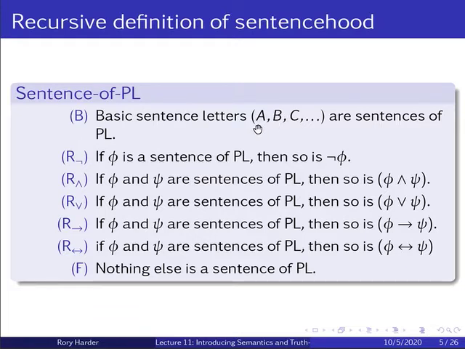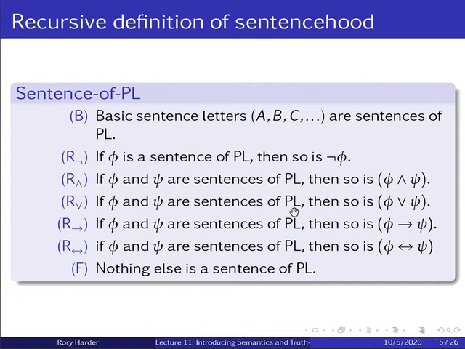When we start thinking about meaning, corresponding to the first rule, we can simply assign different truth values to the sentence letters. But then these other rules tell us recursively how to construct more and more complex sentences out of the sentences we already have, and ultimately out of sentence letters.